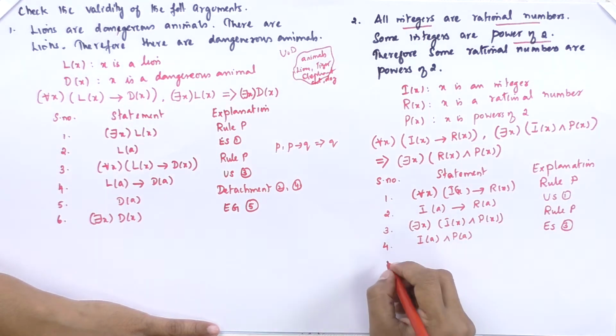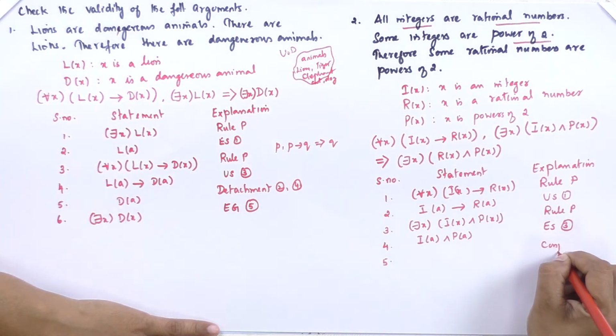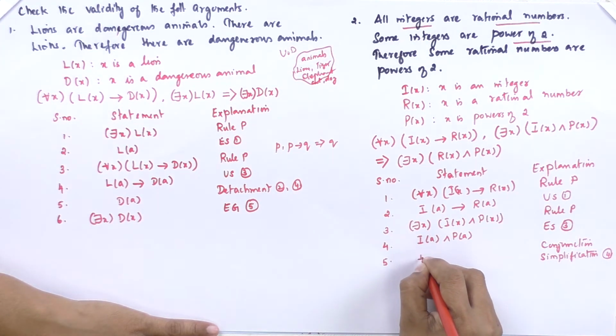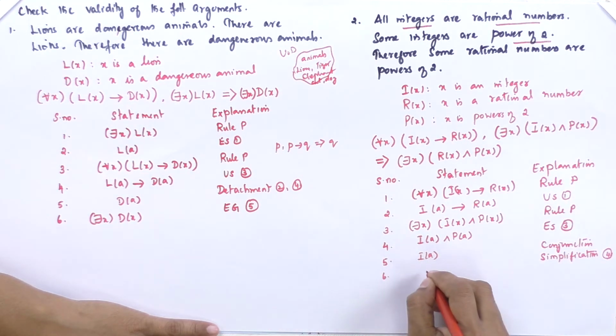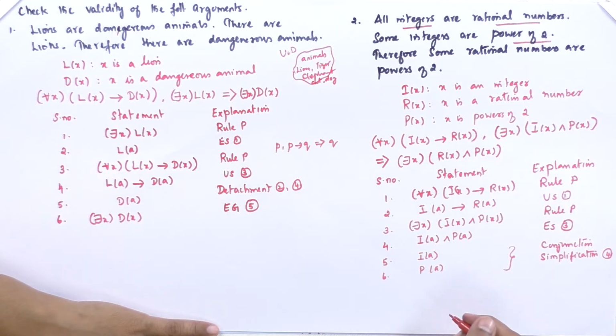Then we will have conjunctive simplification. Conjunctive simplification on 4, we have I of a and P of a.